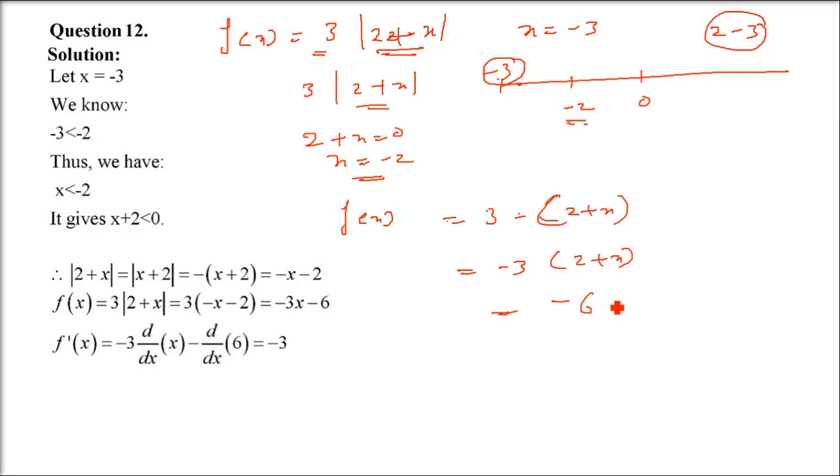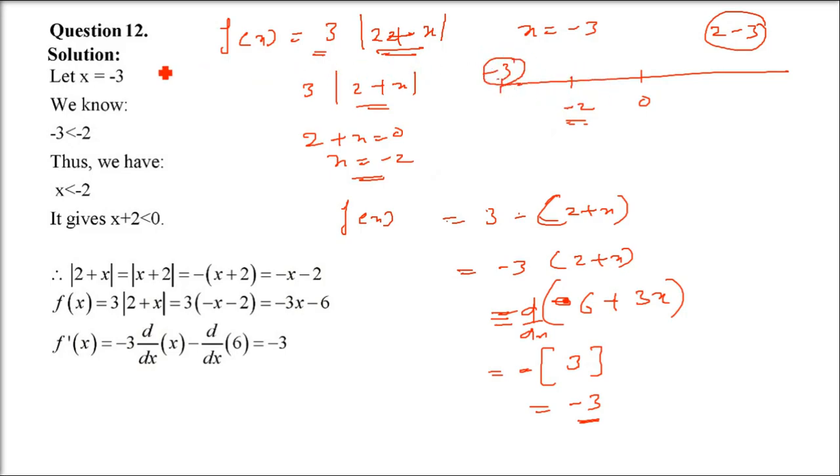Basically it's minus 3x minus 6. You have this as the function now, and now do the d by dx. Minus 6 is going to be 0, and you have 3x, so 3 will come. So you have negative 3.